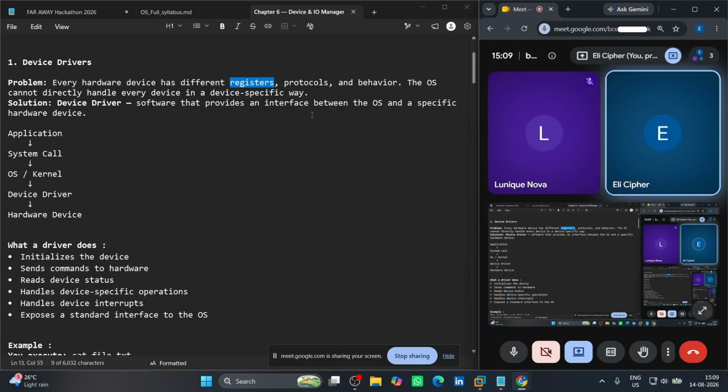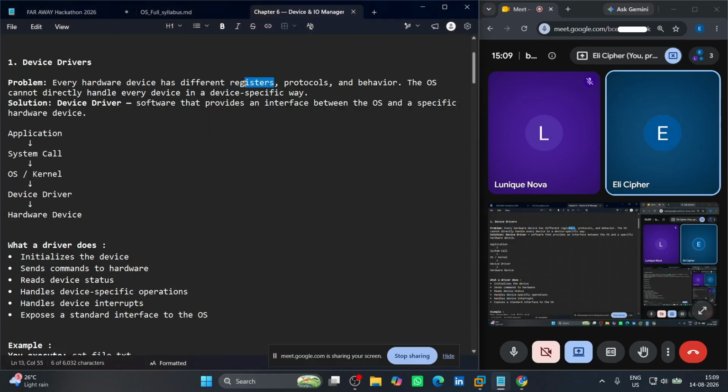A register is the smallest memory inside the CPU. If you remember, when we studied CPU architecture, we discussed that. Registers are the smallest memory placed inside the CPU so that it can boost the CPU in handling tasks.